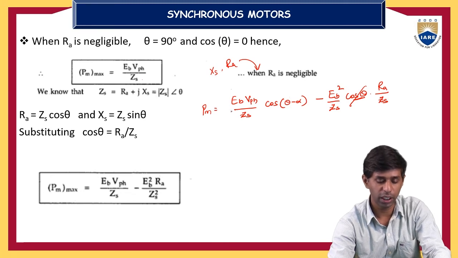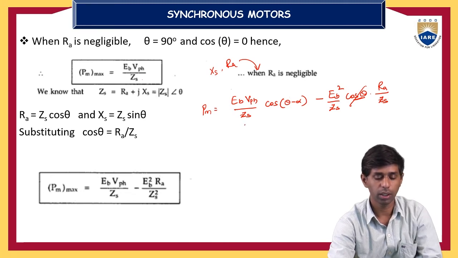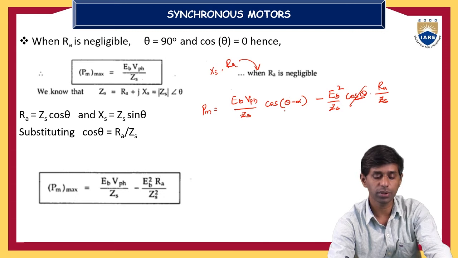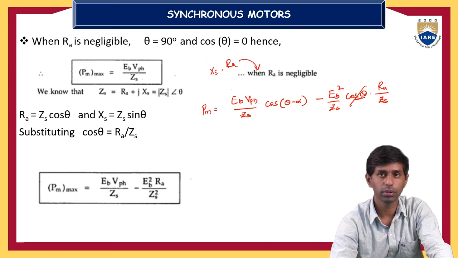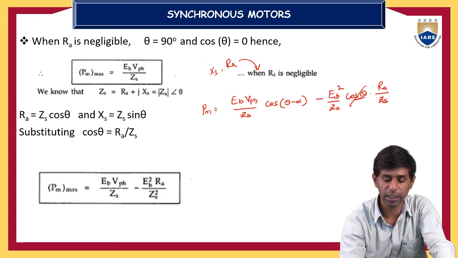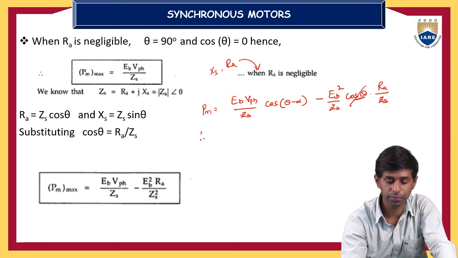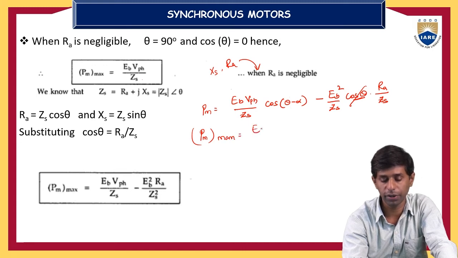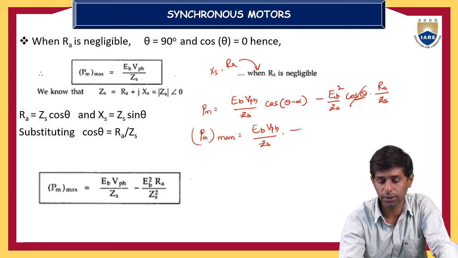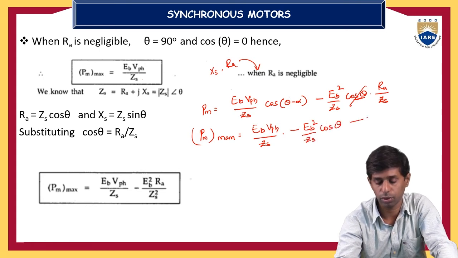EB V phase by ZS, when cos theta minus alpha becomes 1, when theta is equal to alpha, that is the maximum condition. That is PM maximum equals EB V phase by ZS into cos alpha, minus EB square by ZS into cos theta. This is equation number 2 actually.